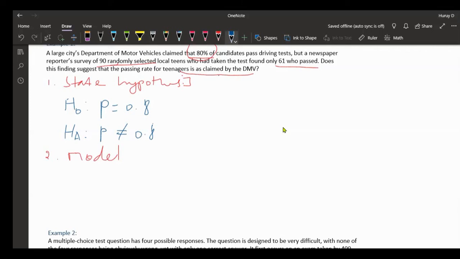Therefore, we are okay with that one. Independence, randomness.